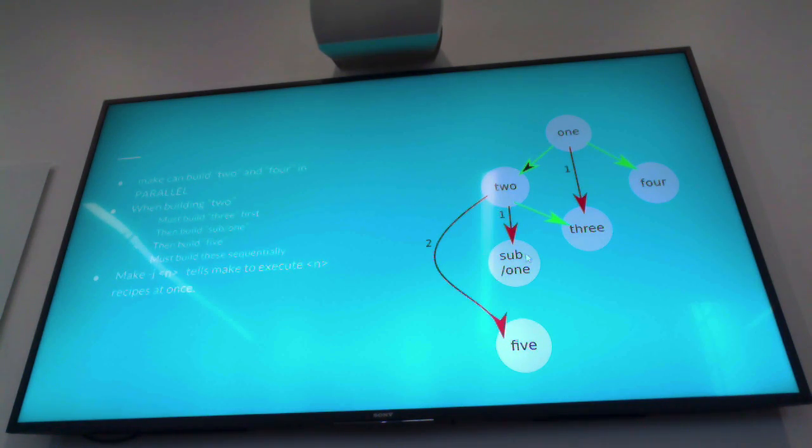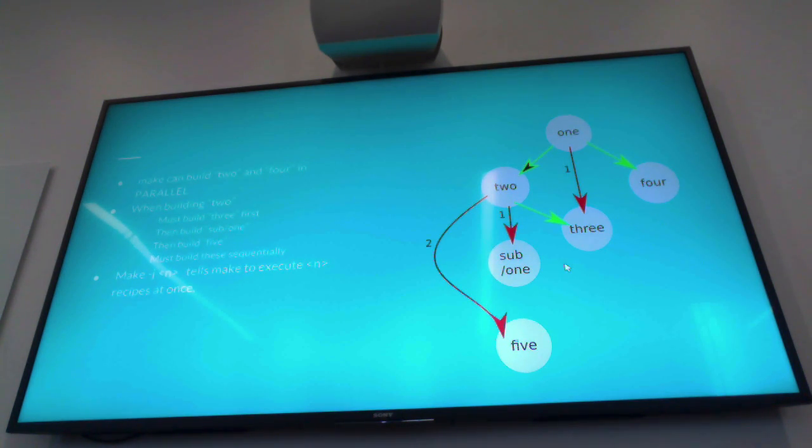So this is like a child. I suppose these graphs are confusing. They make sense to me. I was reading the bullet wrong. So when you build 2, then build sub 1, so that sub 1 is a dependence of 2. Sub 1 is a dependence of 2, but it must run sequentially. You can't build it in parallel with 3.